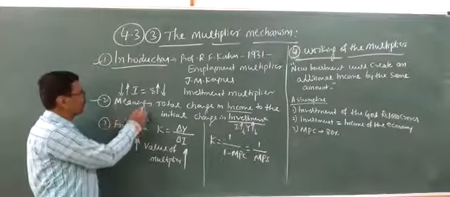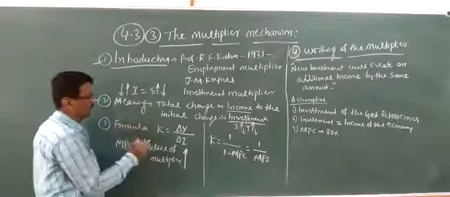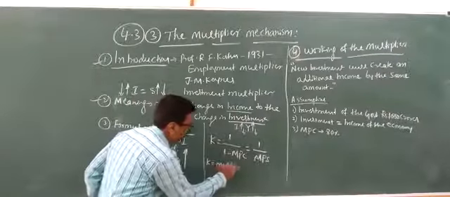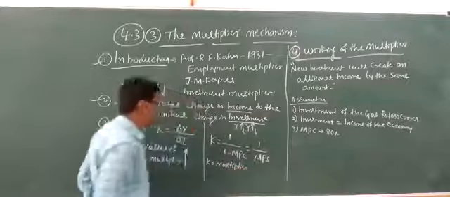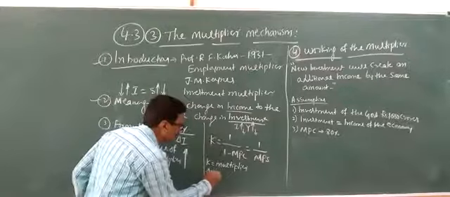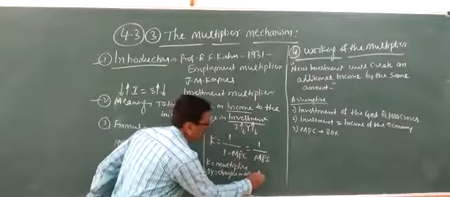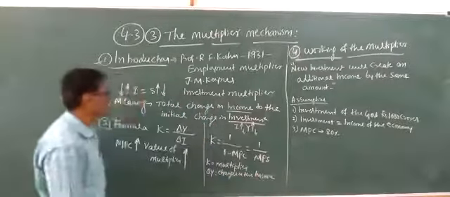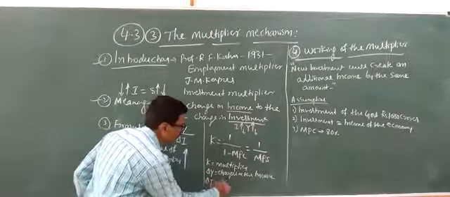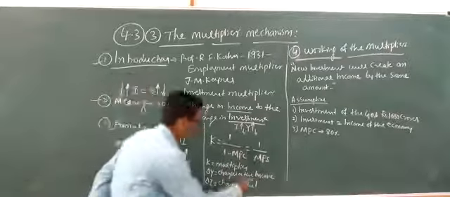Then apply the formula for the multiplier. K means the multiplier. Delta Y indicates changes in income, and delta I indicates changes in investment.